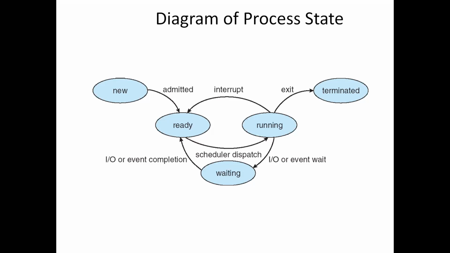That event may be some IO event, or the process may want some IO devices to complete its execution. For any IO resources, the process will transfer from the running state to the waiting state. The event can be IO completion or reception of some signal. It may be waiting for some signal to happen.